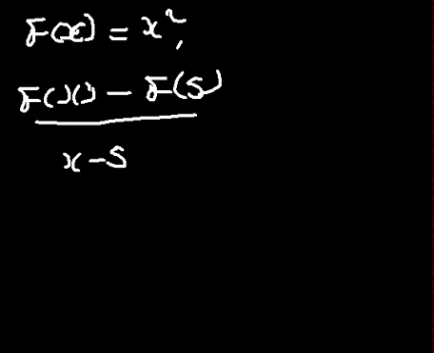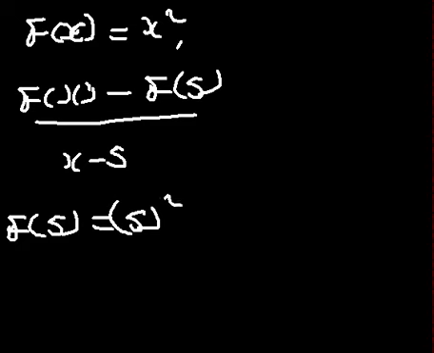This is the same as the average rate of change in that case. f(x) is the same function, but what is f(5)? f(5) is 5 to the power 2, which is 25.